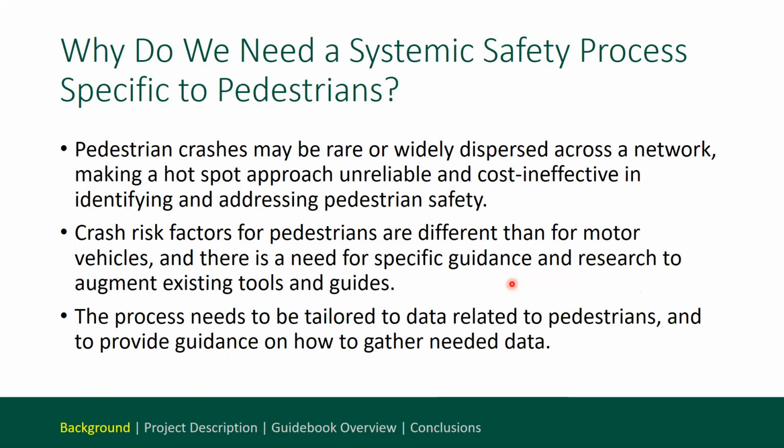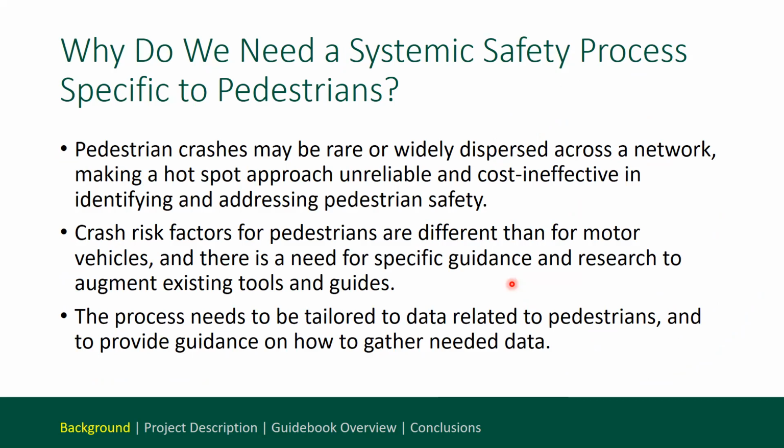Now, what we've talked about so far has just been about the overall systemic safety approach or systemic safety process. I haven't yet mentioned pedestrians. As you recall, the researchers that did this NCHRP project were in fact interested in pedestrian related crashes.